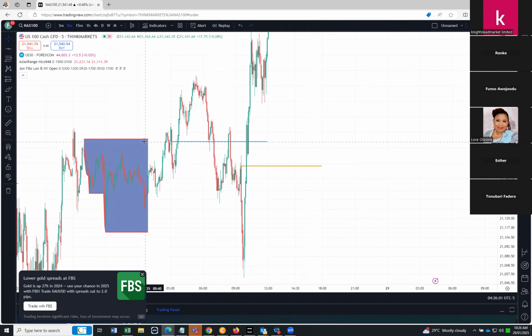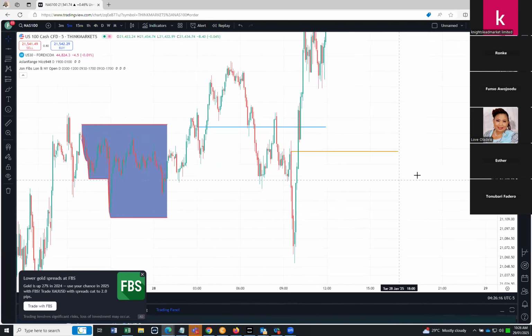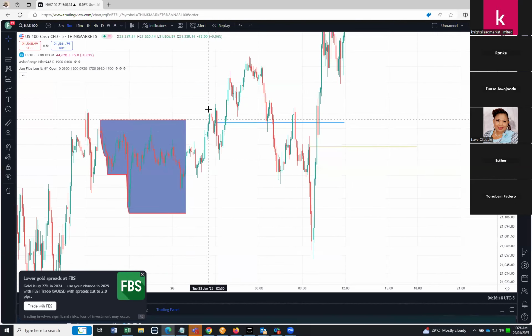So this was yesterday. This was the Asian session. Before this move actually happened, we had a lot of fake outs. If you check this, it went up, acted like it was going to continue, then came back down again. We had a resistance somewhere around there that was not allowing it to go up.